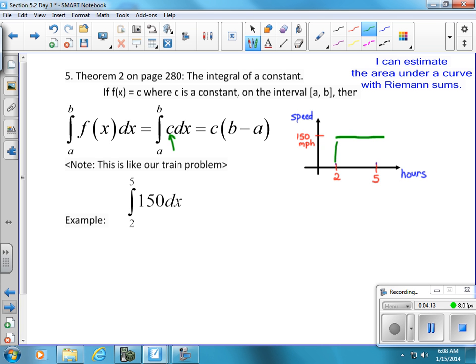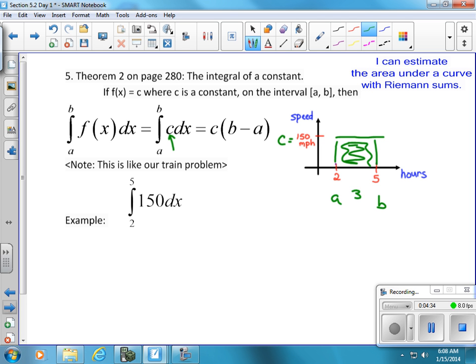We wanted to find the area under the curve between 2 and 5. And we found that if we multiplied the difference here, 3, which is b minus a, and this is your c, that we could take 150 times 3 and get your answer.